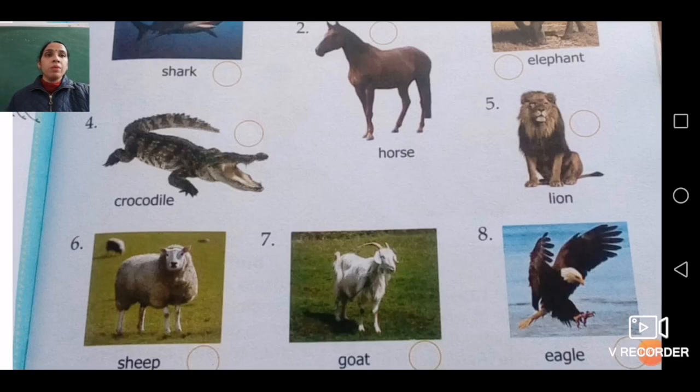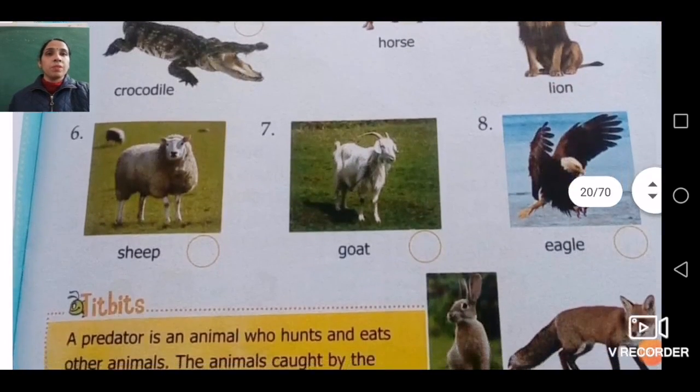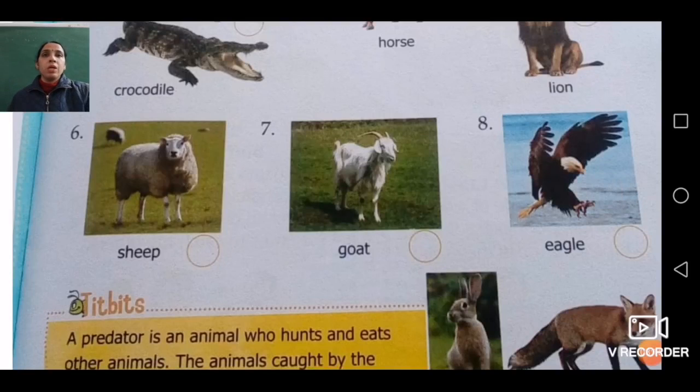Now we'll come to number 6 picture. Number 6 picture, sheep. Sheep is a herbivorous animal because sheep loves to eat grass and all, and mostly we find sheep on the hilly areas, in the mountain areas, and there they are eating leaves and grass.